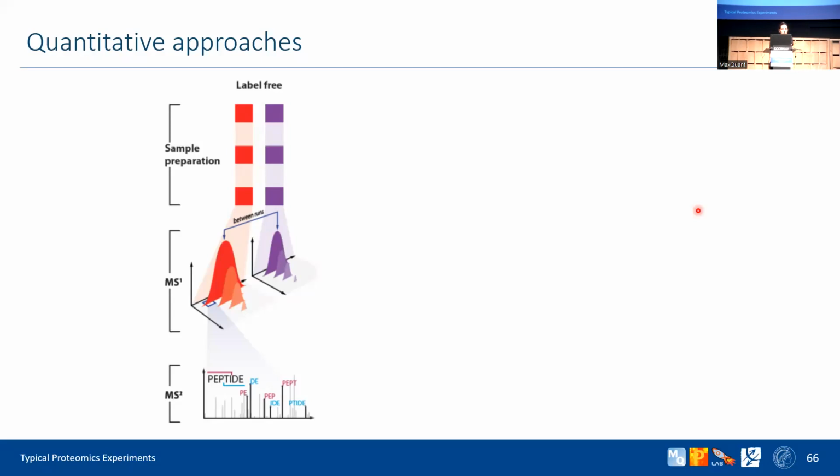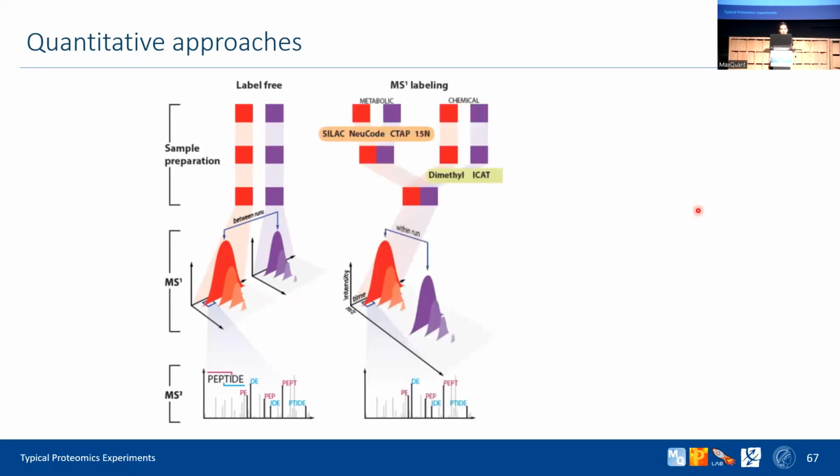For the label-free, we're going to have a talk today from Christoph. For the label-free, you don't have to use any labels. But then we go to the experiments where you need to use labels to do the quantification.